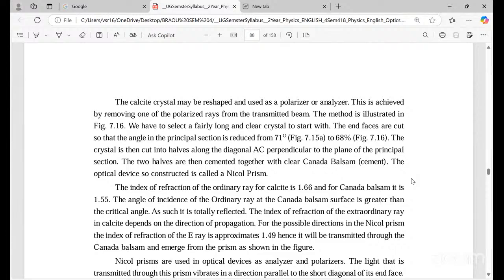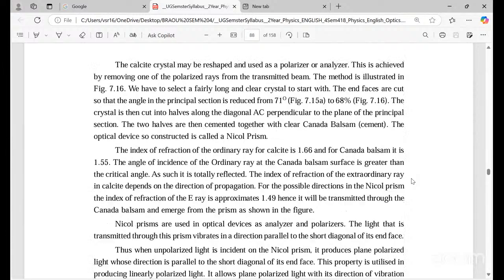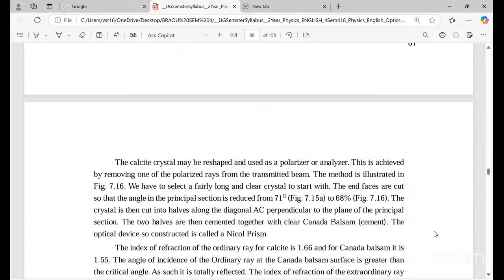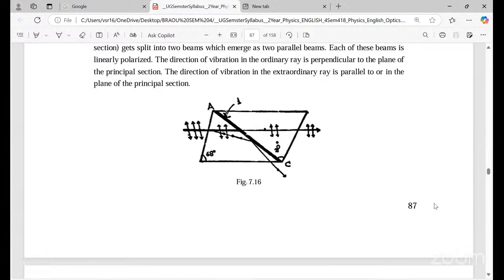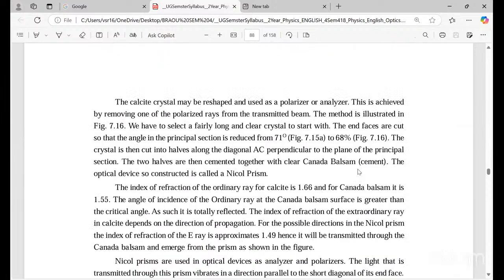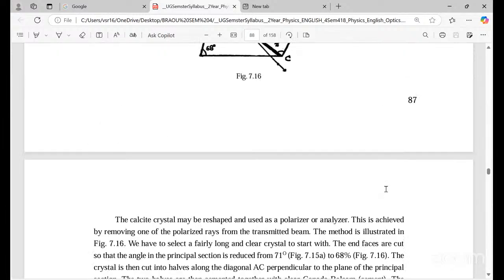A calcite crystal may be reshaped to be used as either a polarizer or an analyzer, and this can be achieved by removing one of the polarized rays from the transmitted beam, by the method illustrated in the figure here. The end faces are cut so that the angles in the principal section are reduced from 71 degrees to 68 degrees, and the crystal is then cut along the diagonal AC, which is perpendicular to the plane of the principal axis.